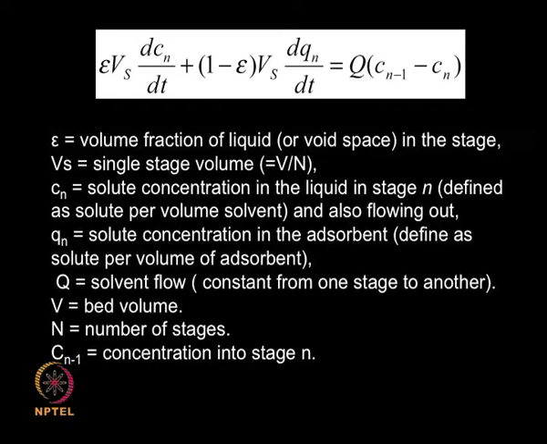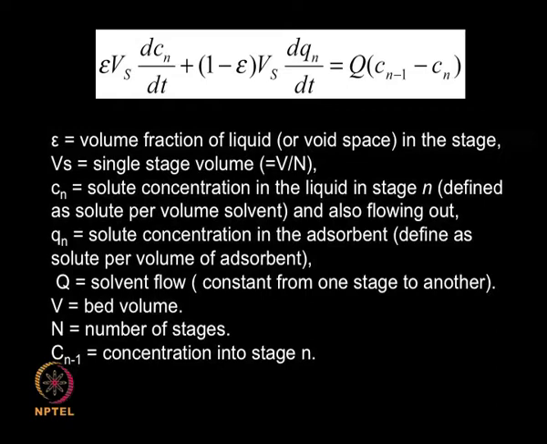One accumulation is the concentration of the solute in the mobile phase, the other accumulation is because of the stationary phase. For stationary phase concentration we use capital Q, for the mobile phase concentration we use small c. Epsilon is your voidage, Vs is the volume of a single stage, that means the volume of the entire column divided by n, your number of stages, capital N.